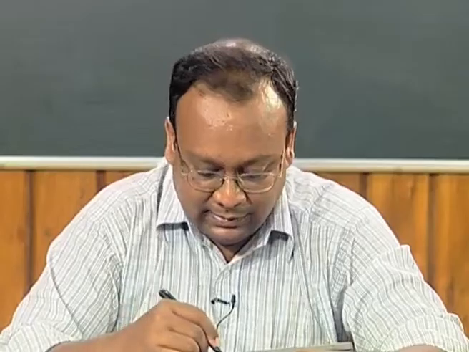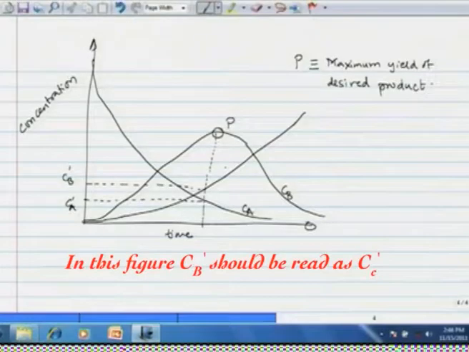Now, this is affordable if the value addition from A to B is quite high. However, if the value addition from A to B is low, that means we are dealing with valuable raw material, we cannot afford to lose a significant amount of raw material in the form of waste product.